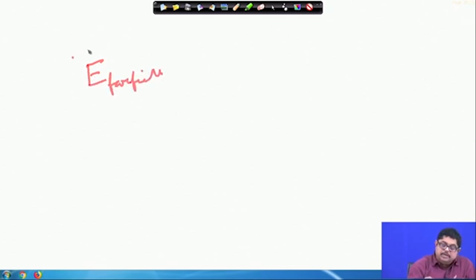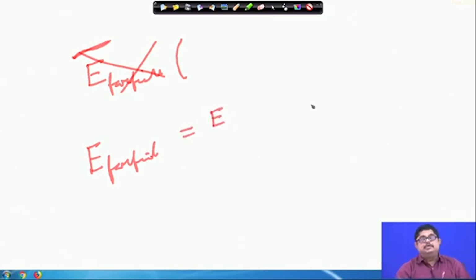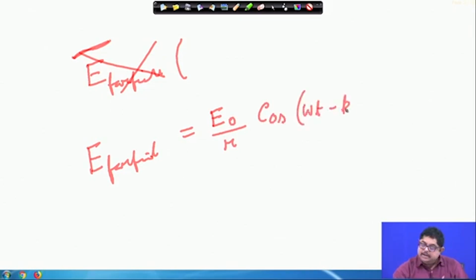What will be the time domain value of the far field? If I go from the phasor, I will have to multiply by e to the power j omega t and take the real part. By doing that I can write it as cos of omega t minus k naught r.